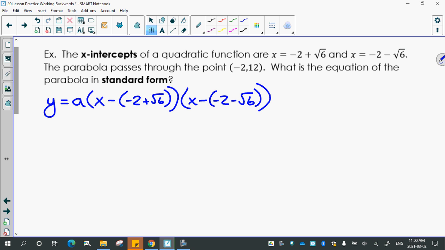My first step, I put it in intercept form. Okay. Second step, I'm going to distribute that negative. So this is kind of my go-to intercept form, my second line down here. We'll come back to it later.